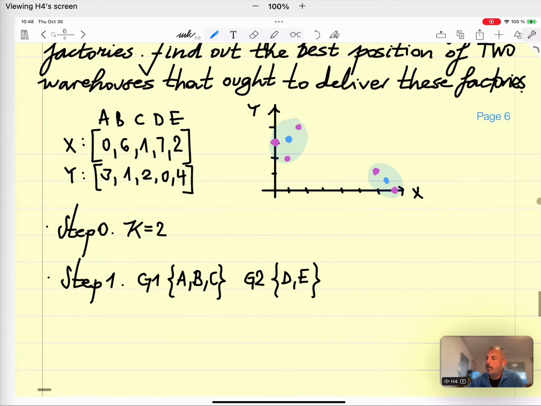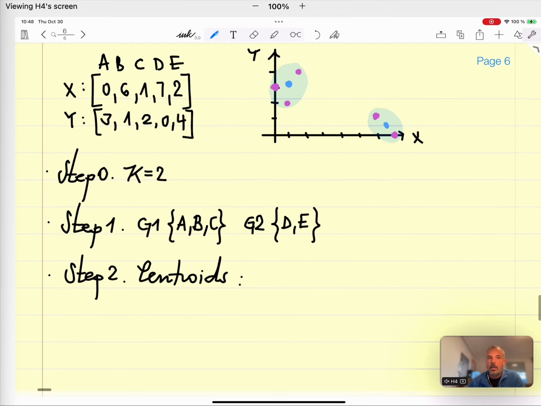Good. Then the next step is to calculate the centroids. So the centroid number 1 for group 1 is going to have coordinates 0 plus 6 plus 1 divided by 3 in the x-axis, and 3 plus 1 plus 2 divided by 3.